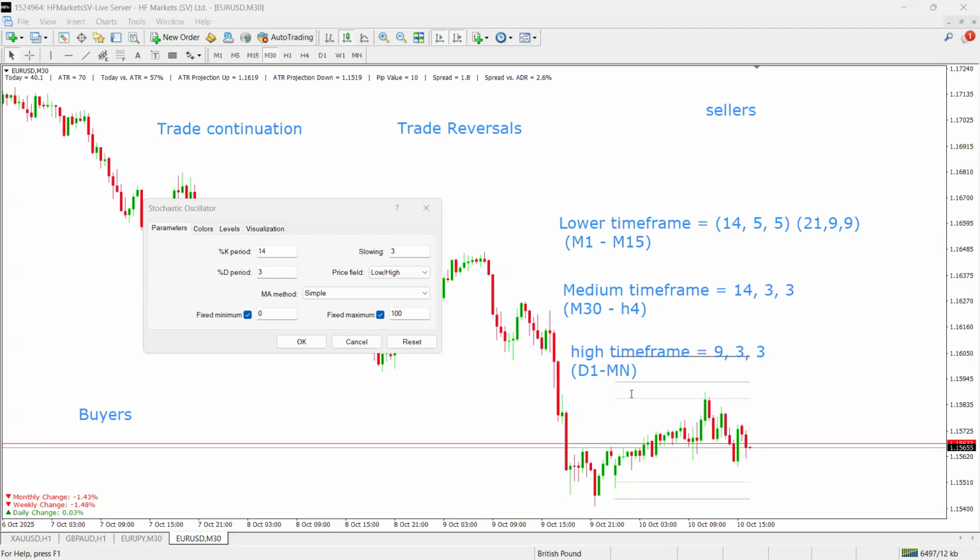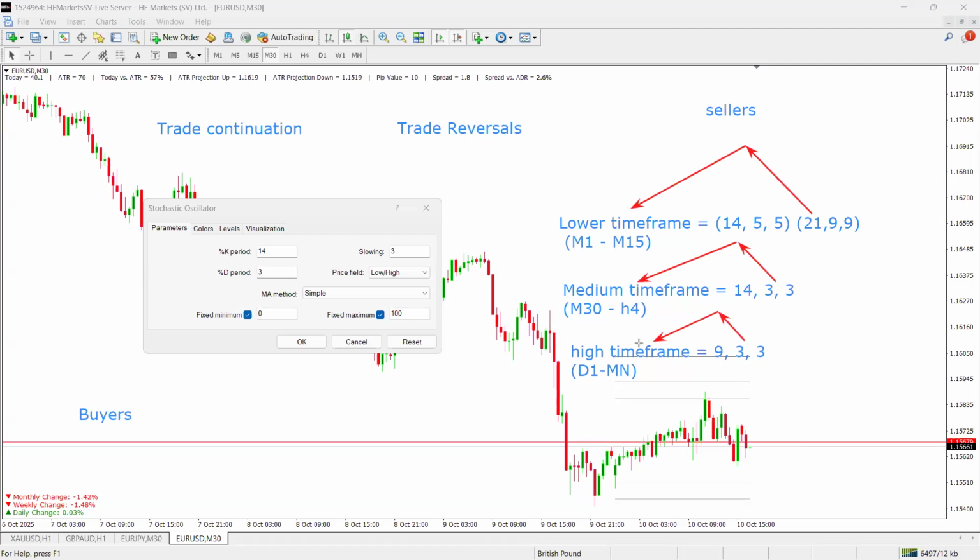If you're on a lower time frame, either 14.5.5 or 21.9.9. Apparently, 21.9.9 is better on the lower time frame. It is said to be better on the lower time frame than 14.5.5, but 14.5.5 can be used, though they want 21.9.9 majorly for lower time frame as being best. 14.3.3 is said to be best for medium time frame, and then 9.3.3 is said to be best for the high time frame.